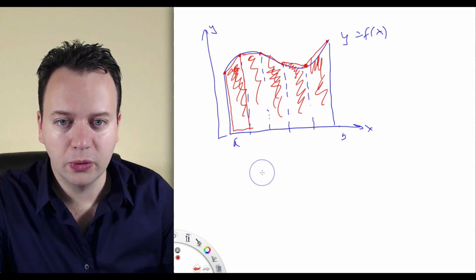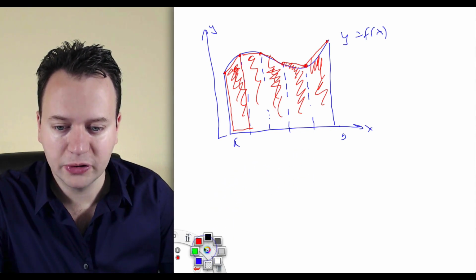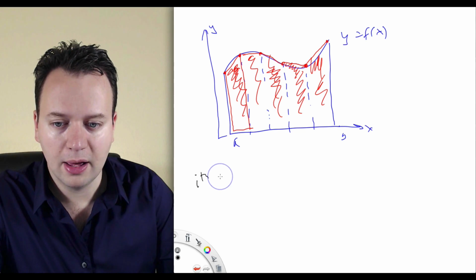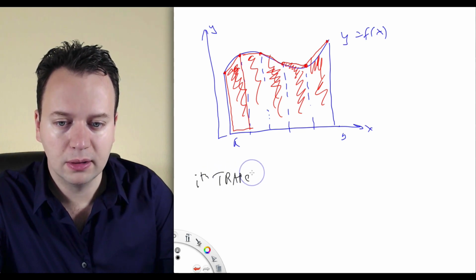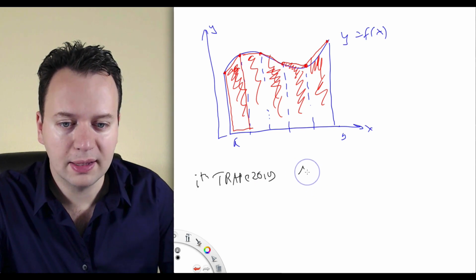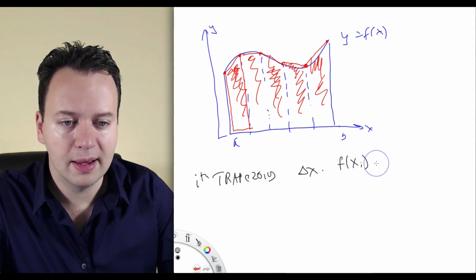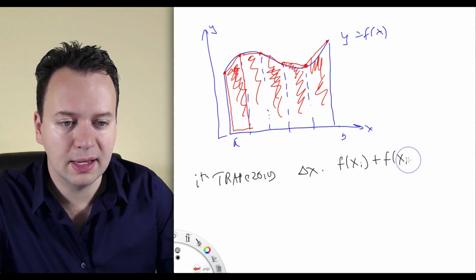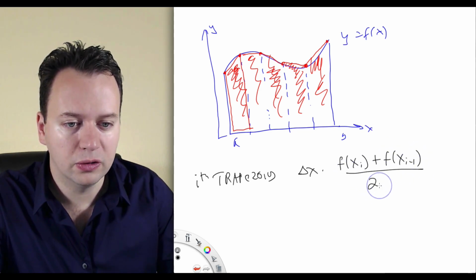So the trapezoid rule for the ith trapezoid, what is the area under a trapezoid? Well, we're going to get delta x times f of x sub i plus f of x sub i minus 1, over 2. Right?